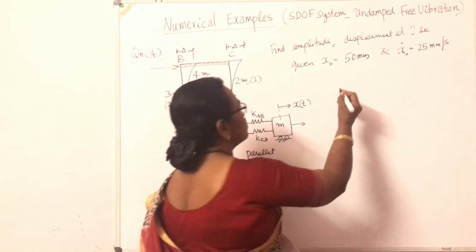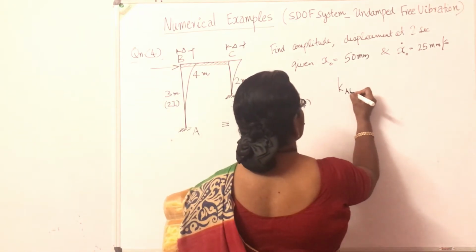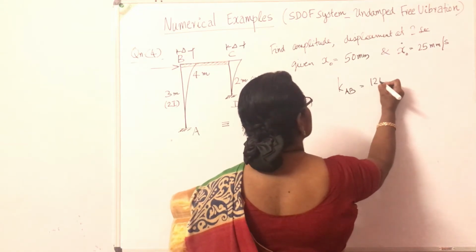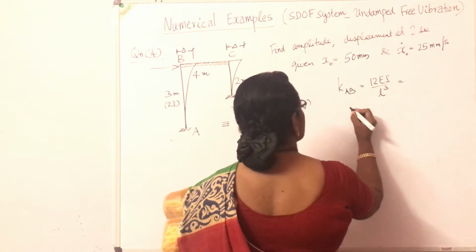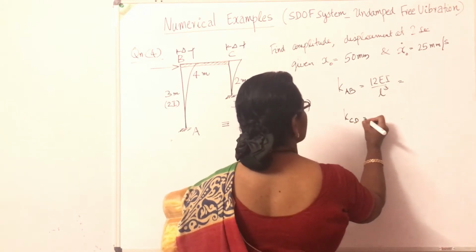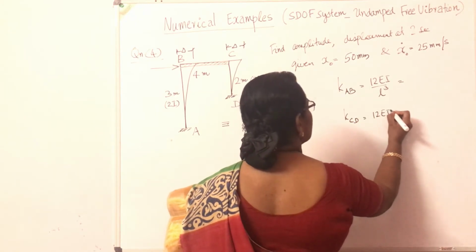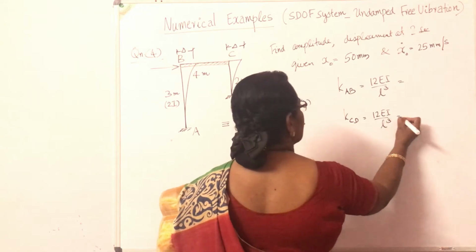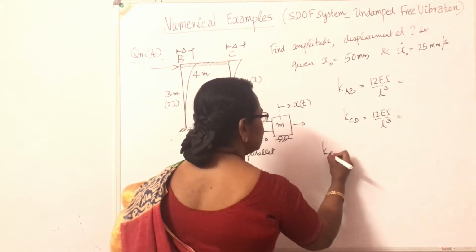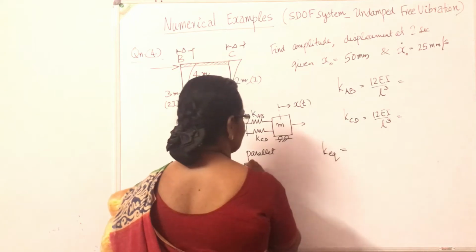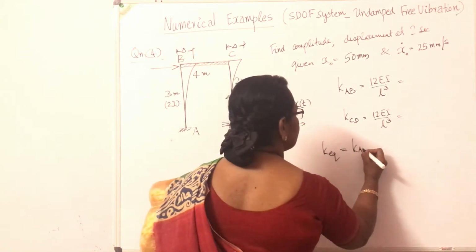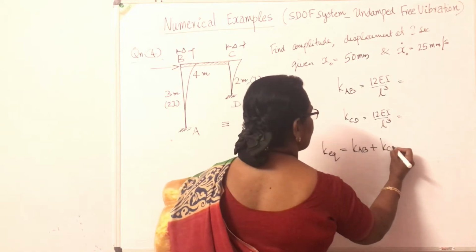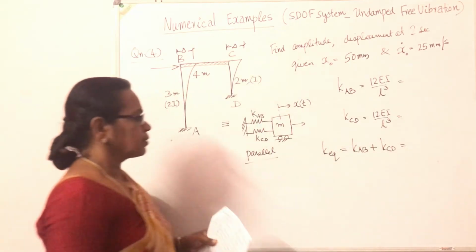So the stiffness of column AB is equal to 12 EI by L cubed. The stiffness of column CD is also 12 EI by L cubed. For a parallel connection, the equivalent spring stiffness is K AB plus K CD.